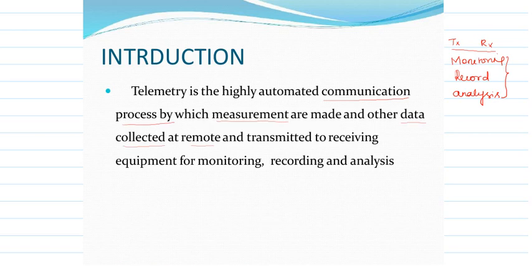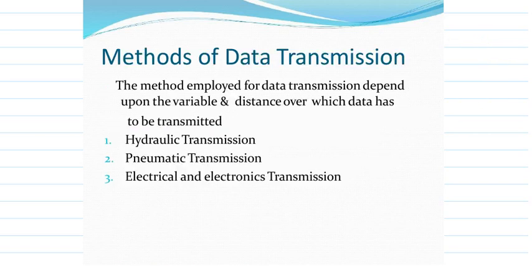While going for telemetry, what are the different methods of data transmission? The data transmission depends on the variable as well as the distance, which is very important. Variable means whether you are sending the signal in terms of voltage or current.